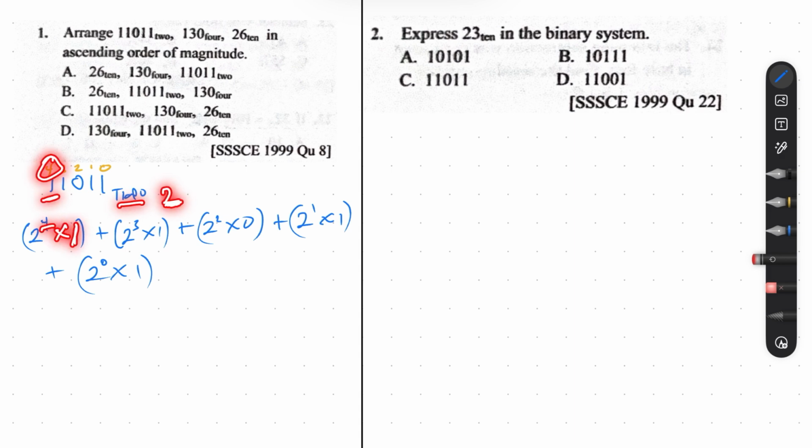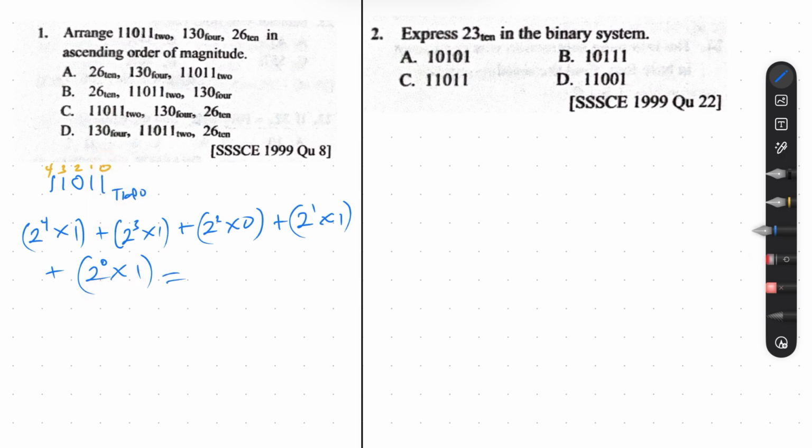The same thing we do, 2 to the power of 3 times 1, and then 2 to the power of 2 times 0 here, right? And we have 2 to the power of 1 times 1, and then finally we have 2 to the power of 0 times 1, right?